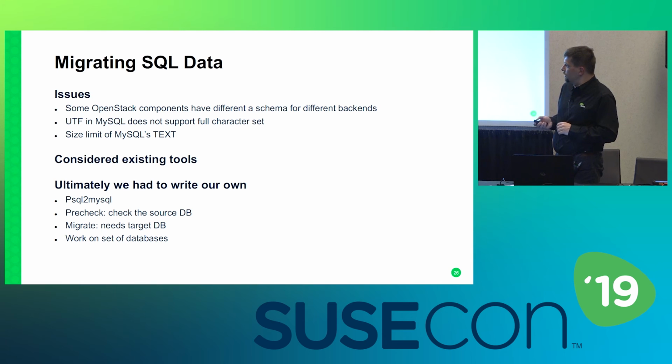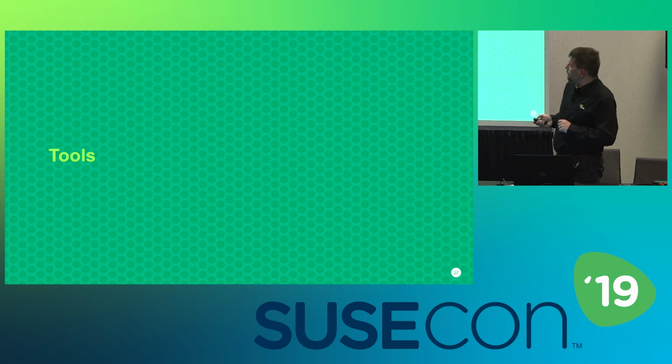As I said, there was a larger session about this in the last OpenStack Summit. So if you would like to know more about this SQL migration tool, you could find it in the archives of the Berlin Summit. So now back to the upgrade.